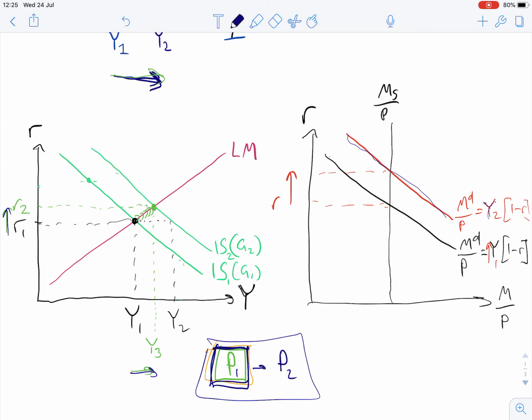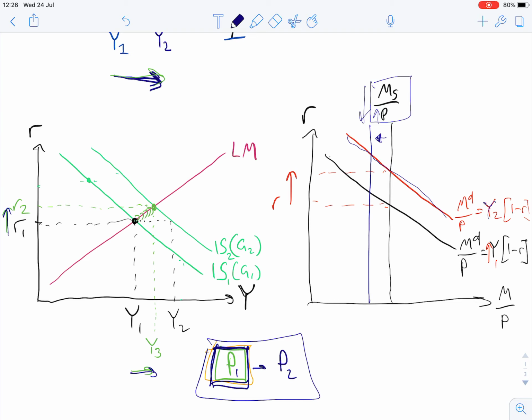So in the short run, assuming that prices have gone from P1 to P2, we need to recognize that this effectively shifts the LM curve leftward. Why does the LM curve shift left? Because now, with higher prices, we have a decrease in money supply. As prices go up, money supply in real terms goes down, and we have a left shift in money supply.